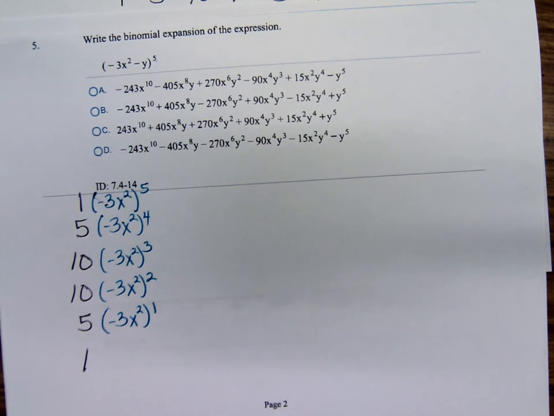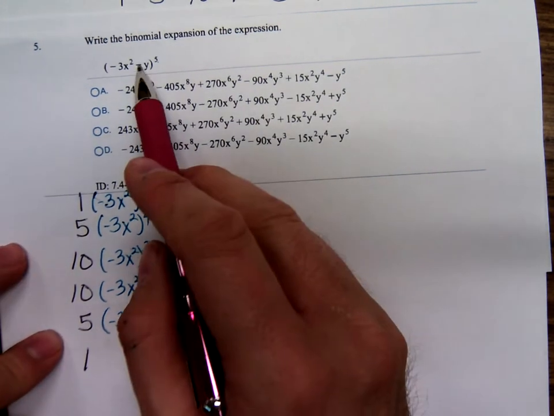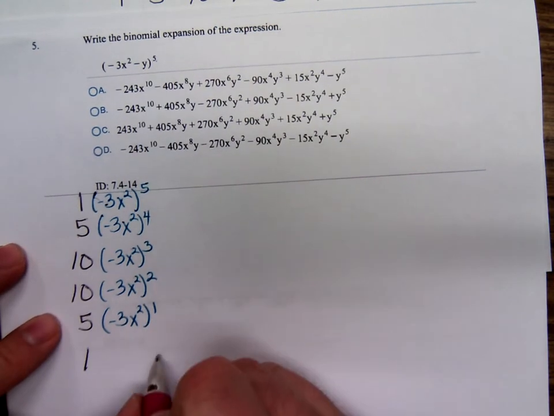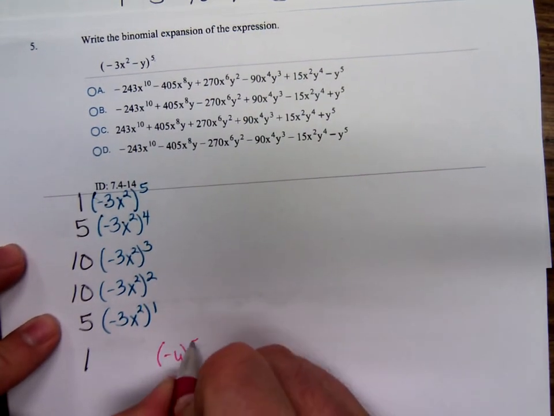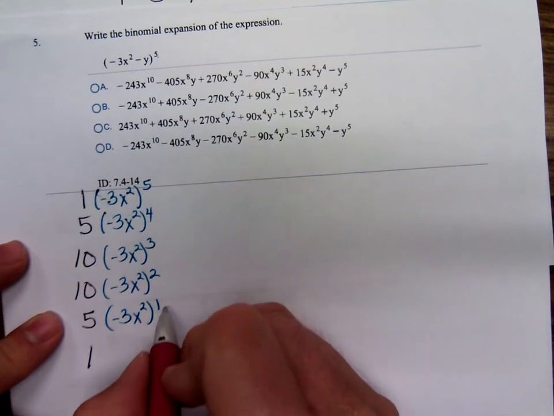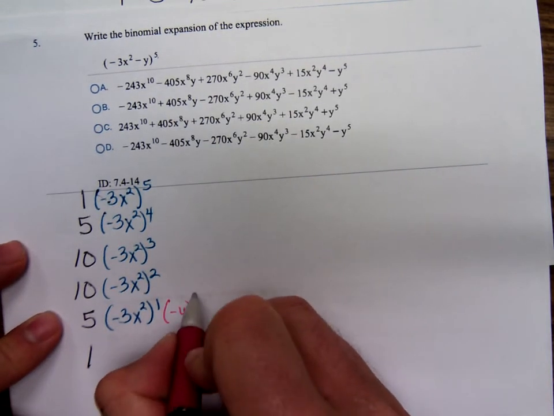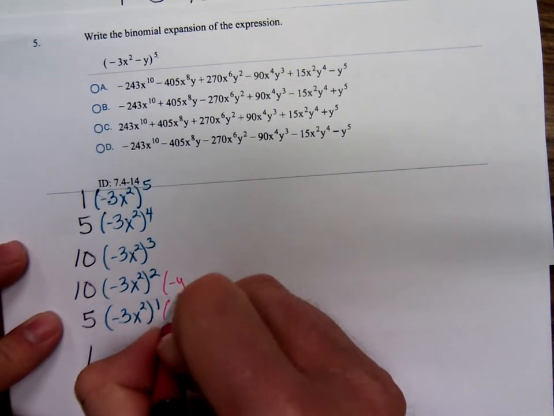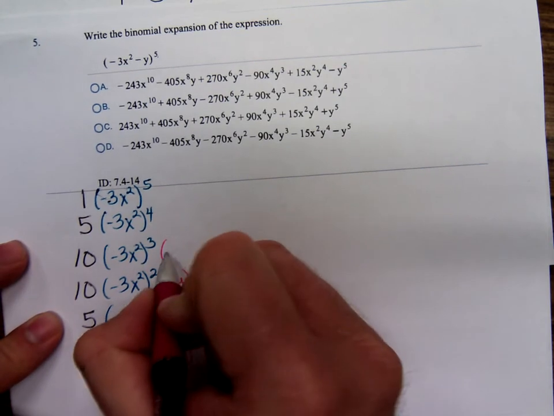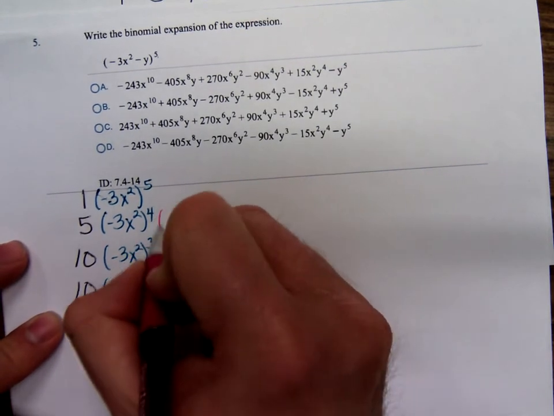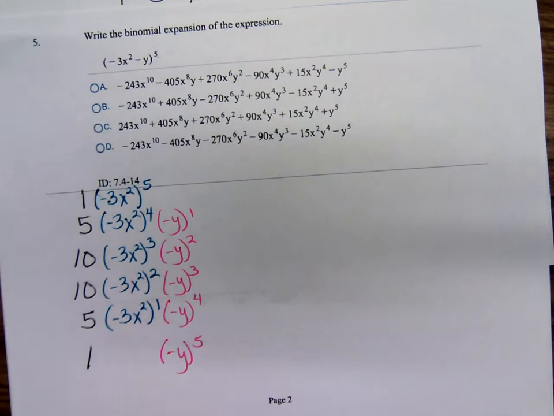Then take that second term. Keep in mind that second term is not just y, it's negative y to the 5th, to the 4th, to the 3rd, to the 2nd, to the 1st.